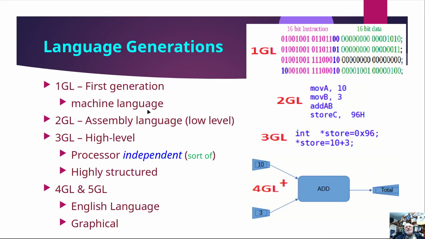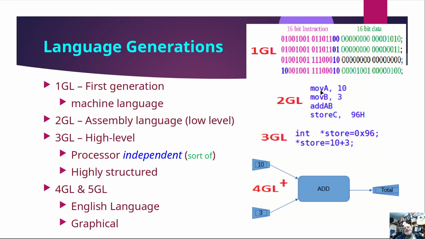All right. So with the first generation, we had the machine language, which was just ones and zeros. Then they went to what they called assembly language, where they created little codes. Because when you originally programmed the processors back in the very early days, you actually had to put in these ones and zeros for each instruction.